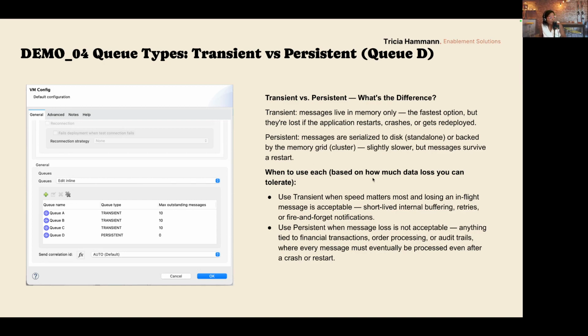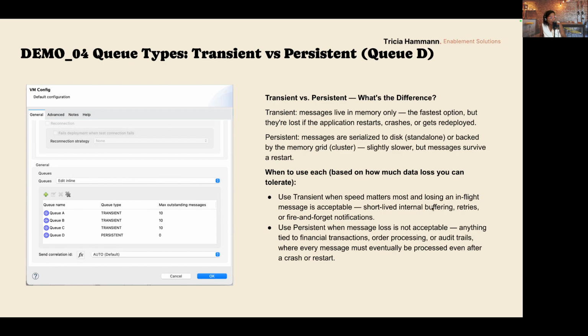This is a very common question that I receive. And yes, it depends, and Ryan already mentioned it. So it depends on how much data loss you can tolerate, okay? So you can use a transient Q-type when speed matters most, and losing an in-flight message is acceptable.